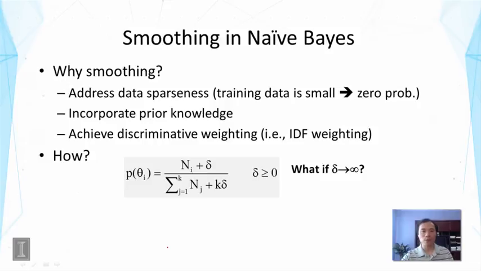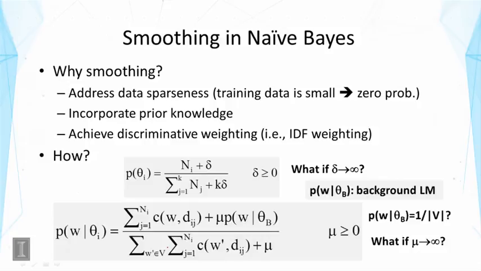Well, every category has an infinite amount of documents, and then there's no distinction between them, so it becomes just a uniform distribution. What if delta is 0? Well, we just go back to the original estimate based on the observed training data to estimate the probability of each category.